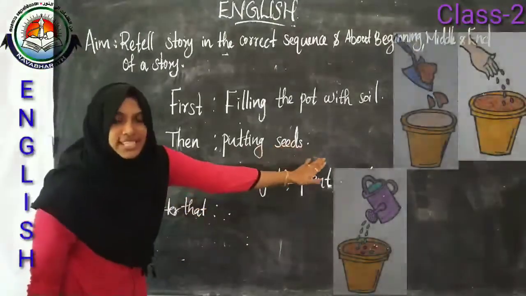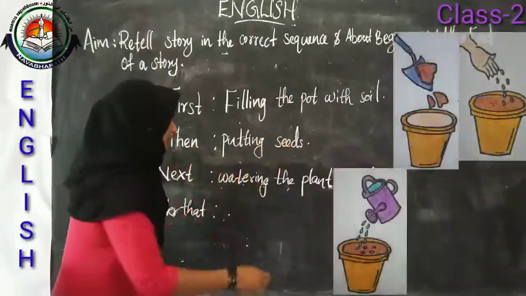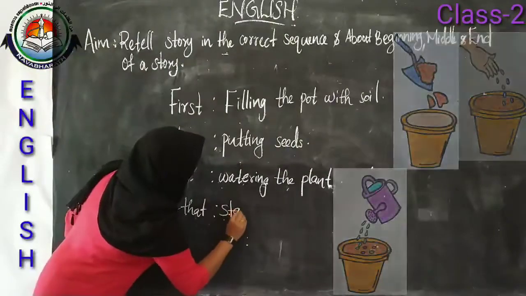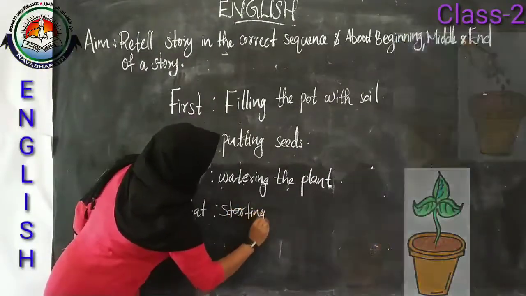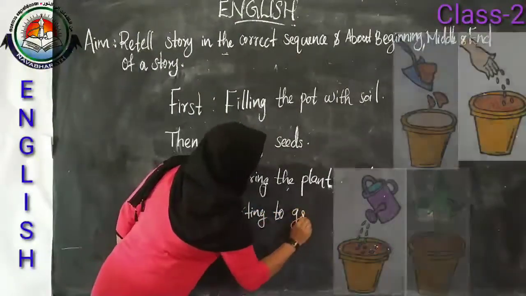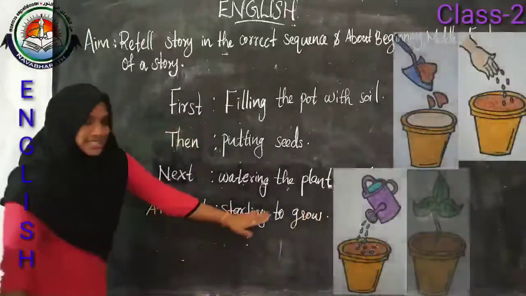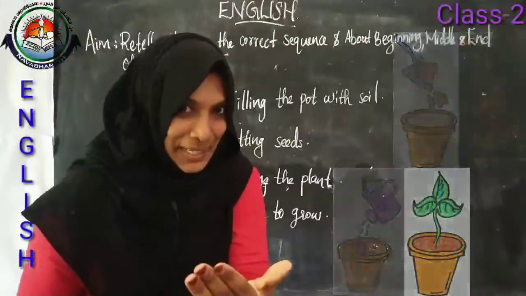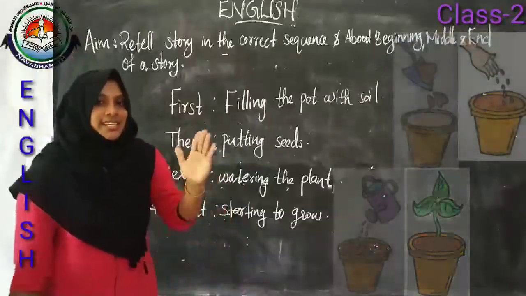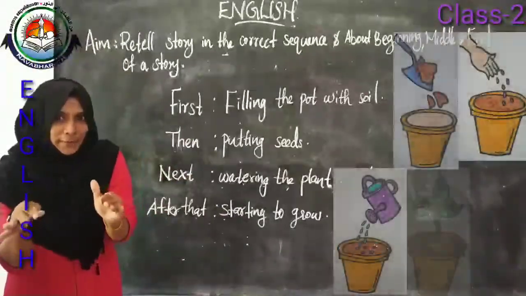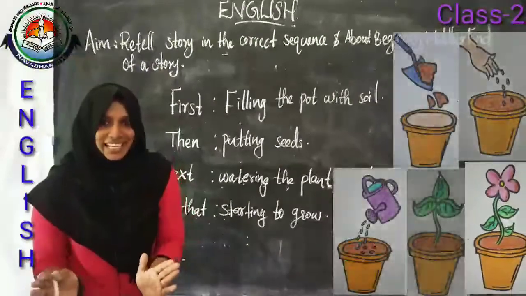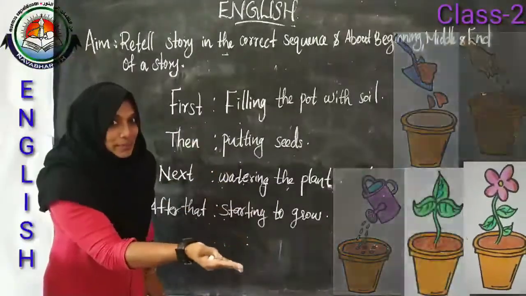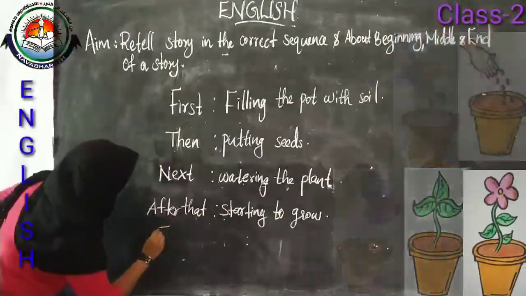Yes, the seeds start to grow. The seed is starting to grow. This is the fourth step, and at last, finally, yes, this seed will become a plant.